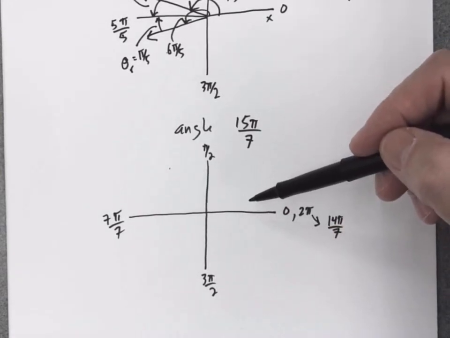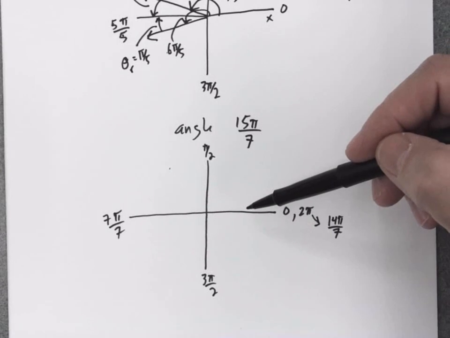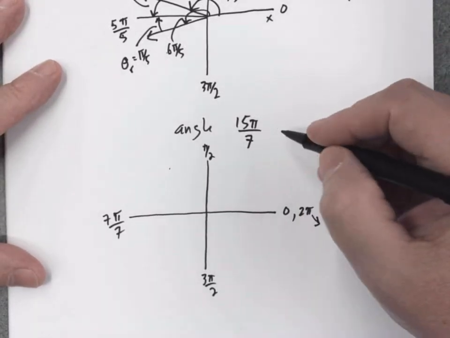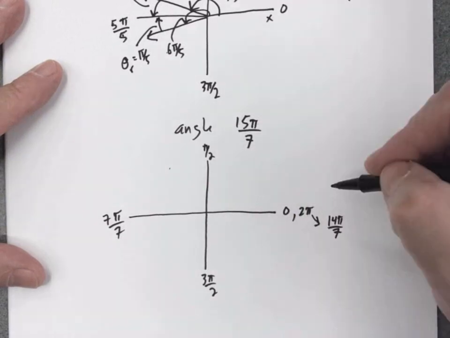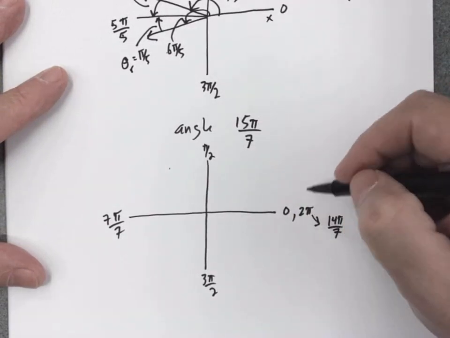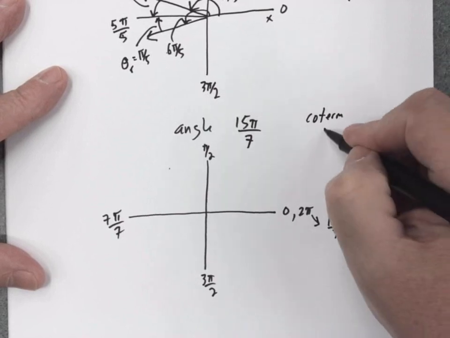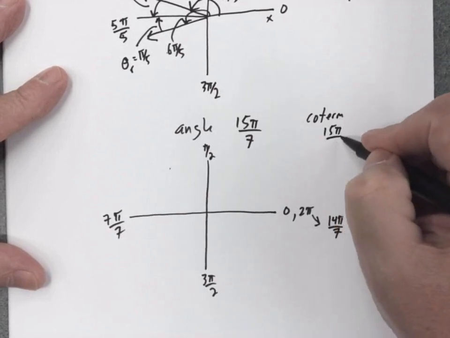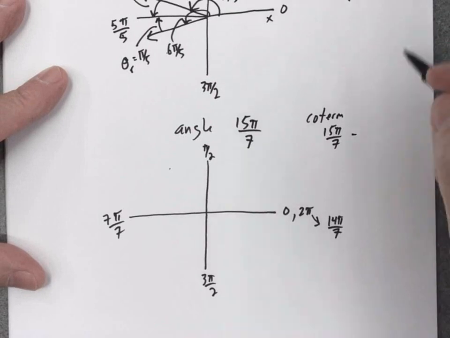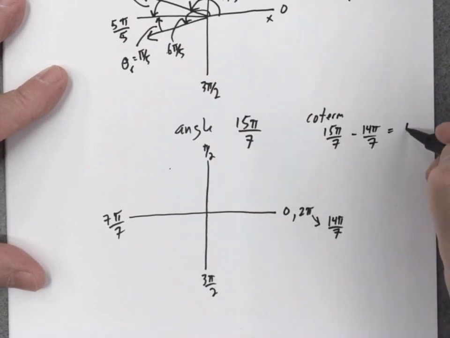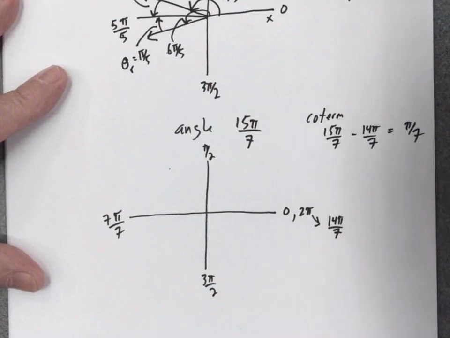So I need to first find the coterminal angle. Remember what we do to find the coterminal angles? When the angle's too large, we start subtracting 2 pi. So to find the coterminal angle, I'm going to take 15 pi over 7 and subtract 2 pi, which is 14 pi over 7. And it's actually pi over 7.